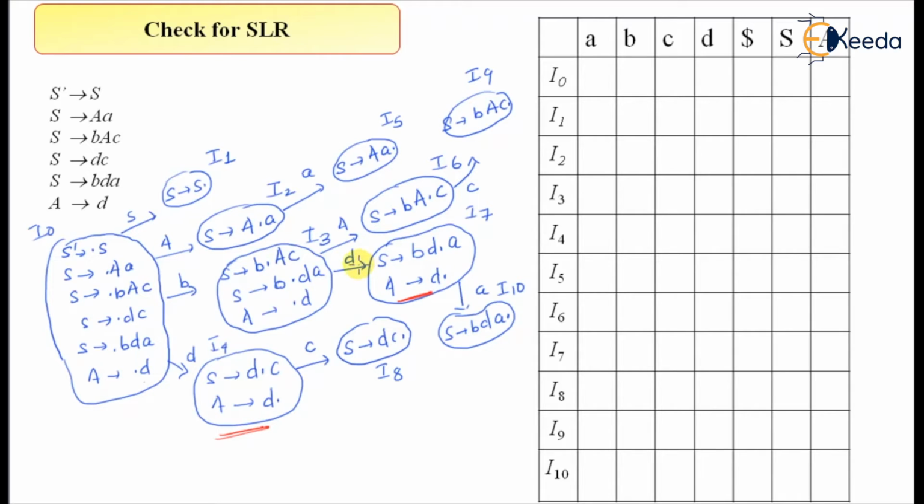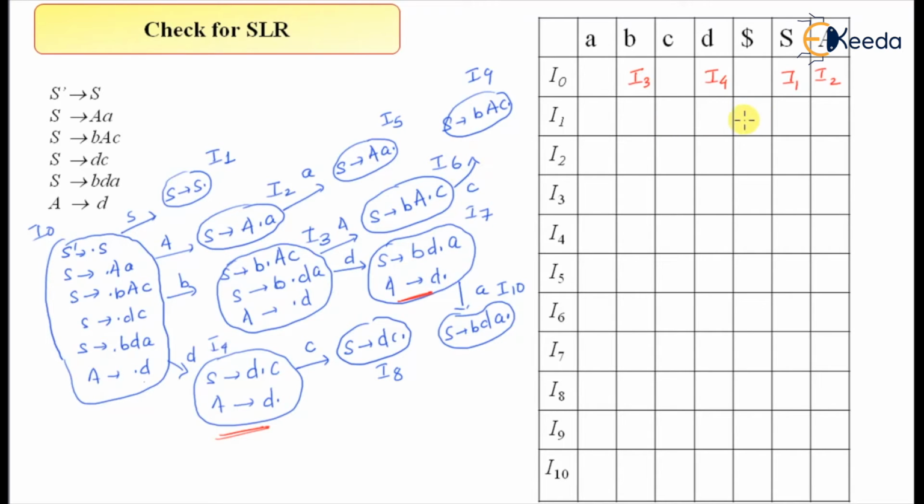We completed this, and now let's fill the entries. I0 on input S, I1. On input capital A, I2. On input small b, I3. On input D, I4.